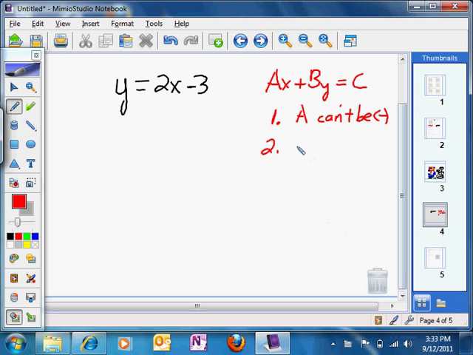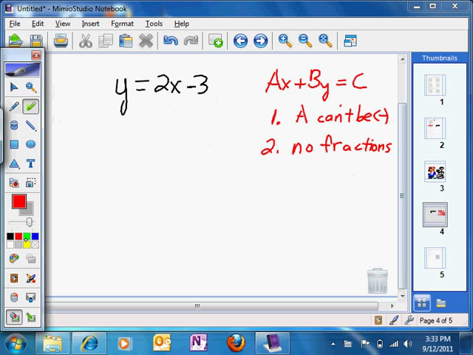And the second rule is no fractions. It's very easy. What I want is all of my x's on the left of the equal sign plus or minus all of my y's and then leave my constants by itself.